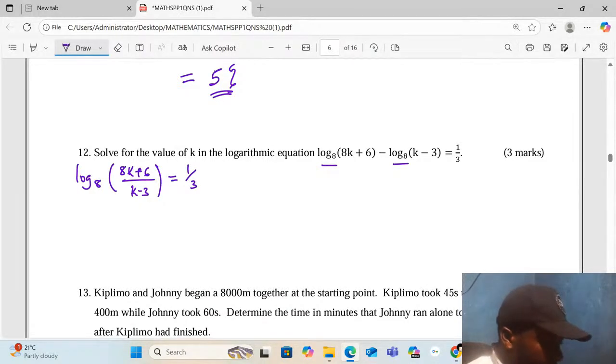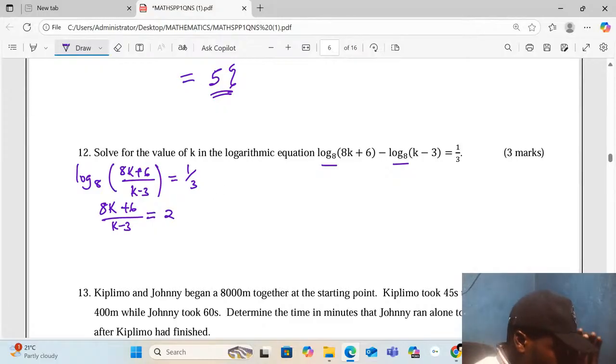We know the rules. When you're subtracting, that means it's a division, and log is common now. We factor it out. So we shall have 8k plus 6 over k minus 3 is the same as 2.